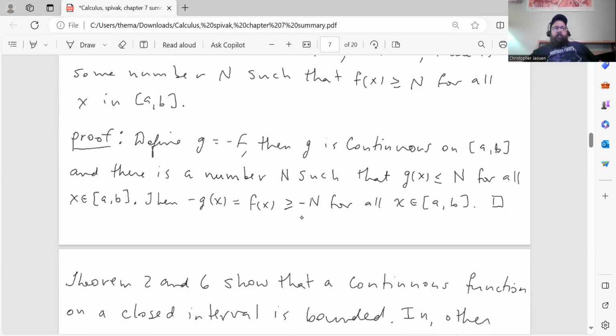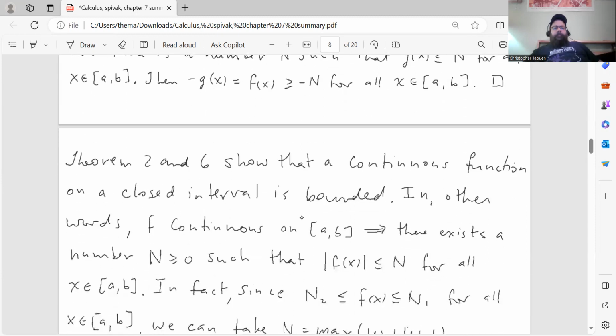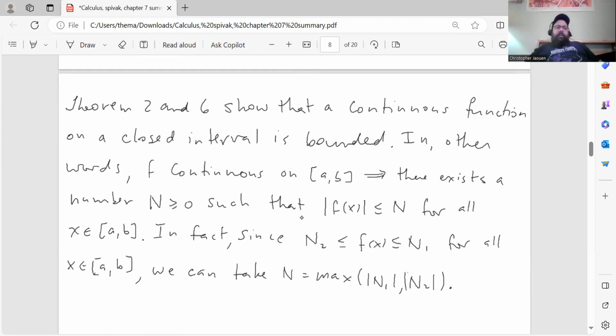All right. Hopefully these are seeming pretty straightforward. He says here also, theorems 2 and 6 show that a continuous function on a closed interval is bounded. In other words, f continuous on the closed interval from a to b implies there exists a number n greater than or equal to 0 such that the absolute value of f of x is less than or equal to n for all x in the closed interval from a to b.